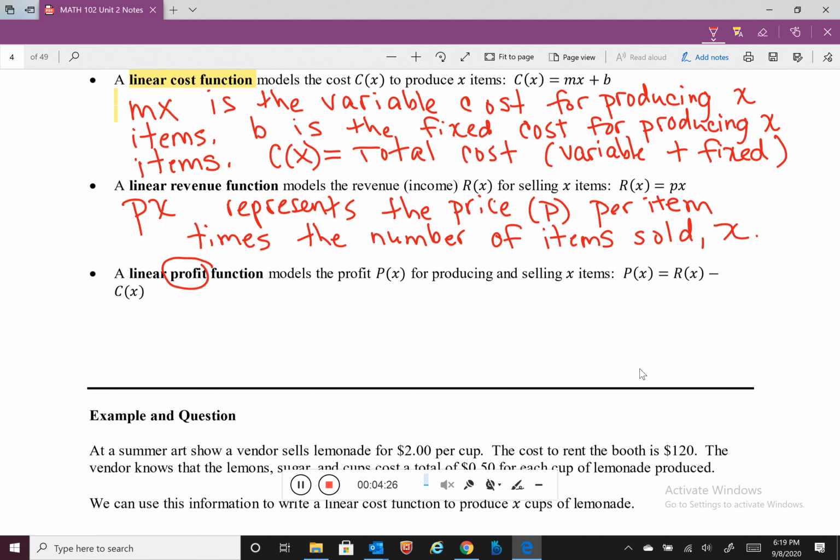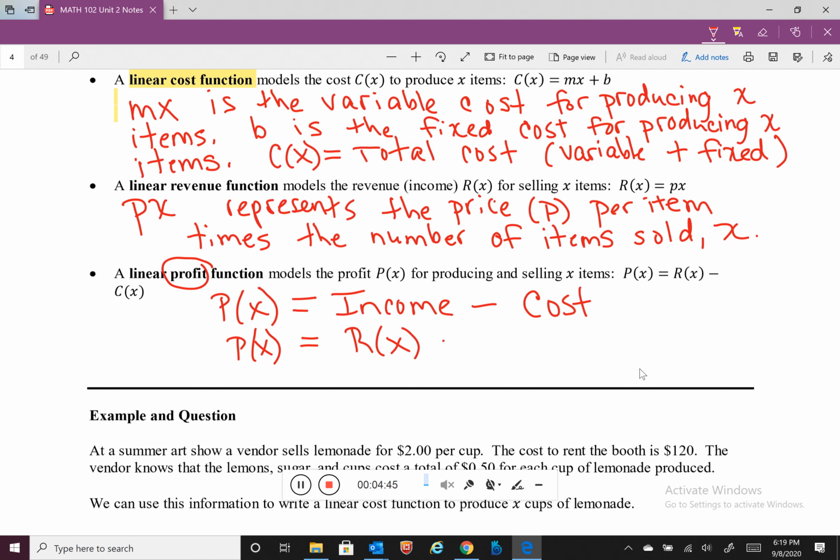So P of X, which is our profit, is our income minus our cost. And so that is why P of X is our revenue minus our cost.